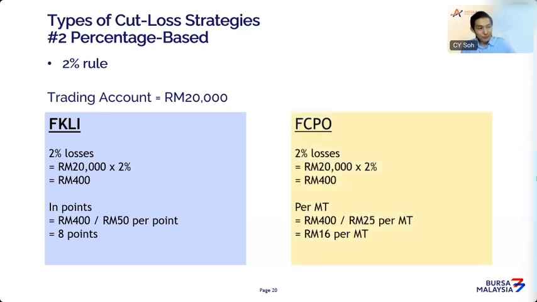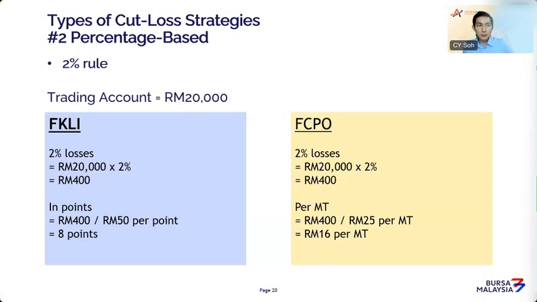For FCPO, your 2% loss is again $400. Converted to points, it would be 16 points only. So you can see, compared to using a fixed dollar amount, your cut loss range can be very tight. Some of you might say, instead of using 2%, maybe you can keep increasing to, let's say, 5% or even 10%.